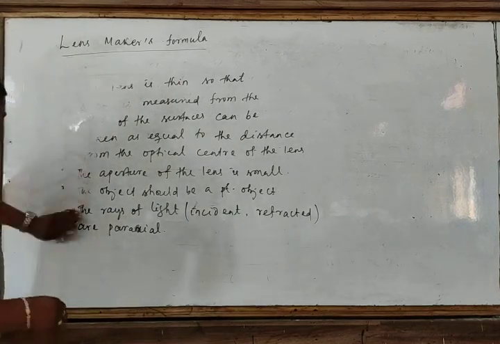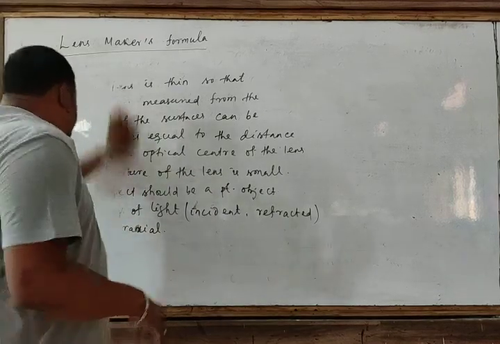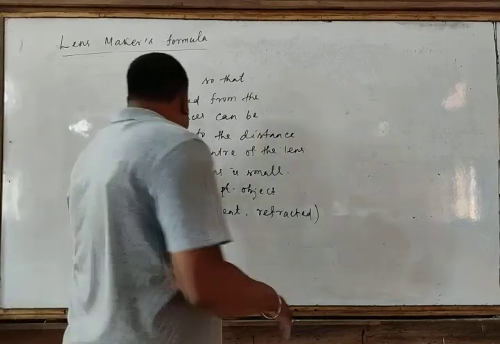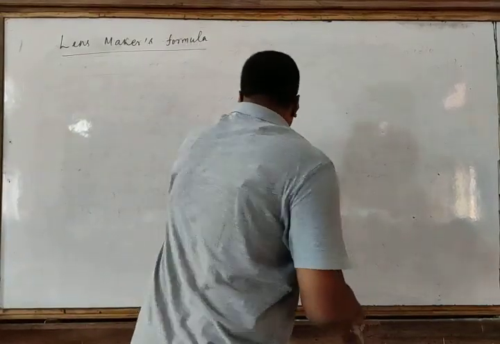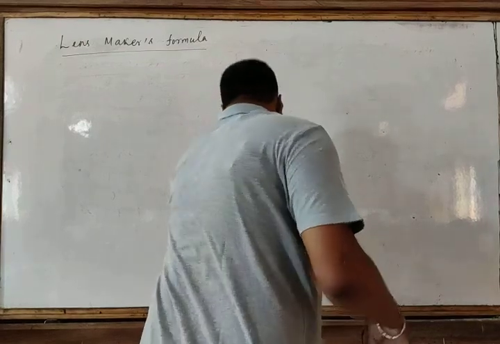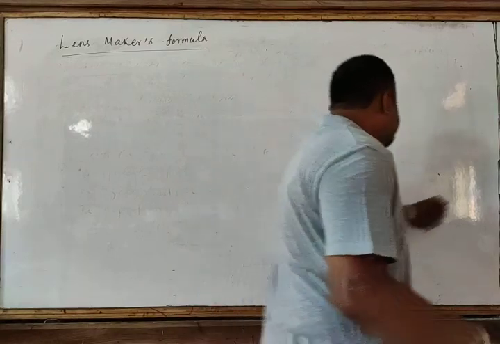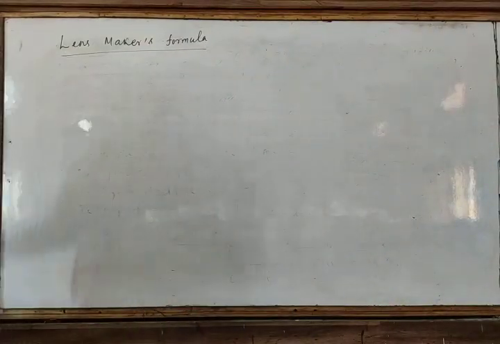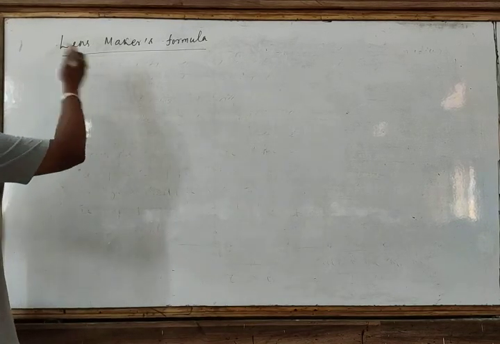With these assumptions, we will discuss the lens maker formula. Now go for the ray diagram. Here I will derive the lens maker formula for a convex lens, and for a concave lens you can derive it similarly.